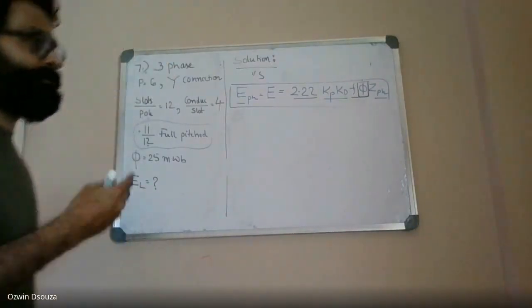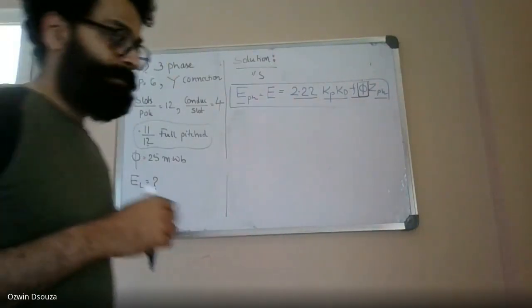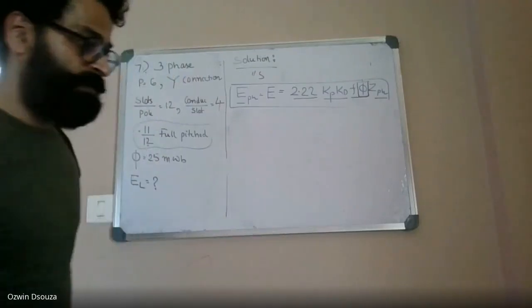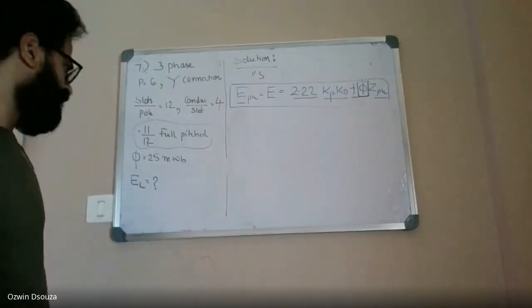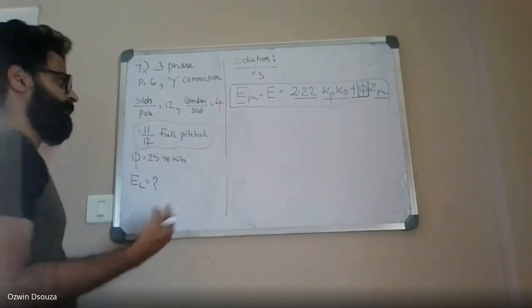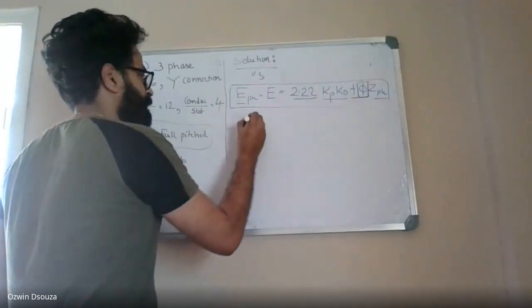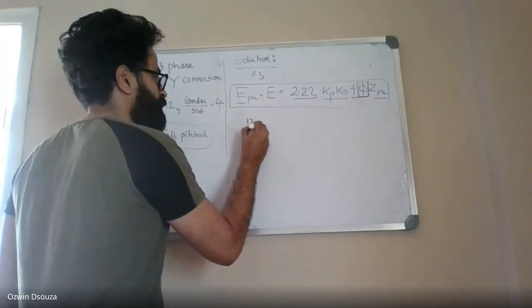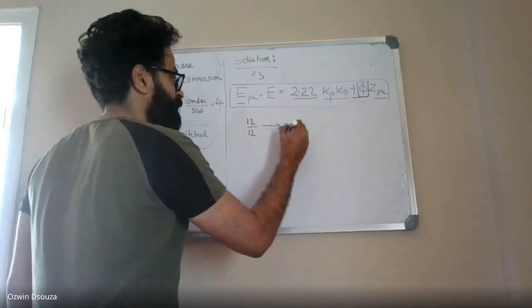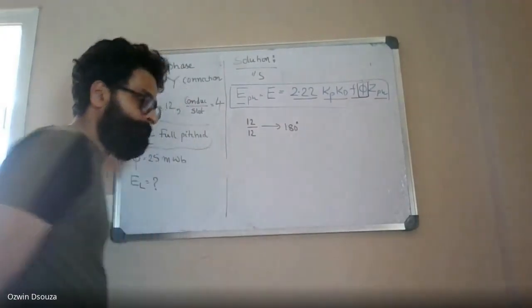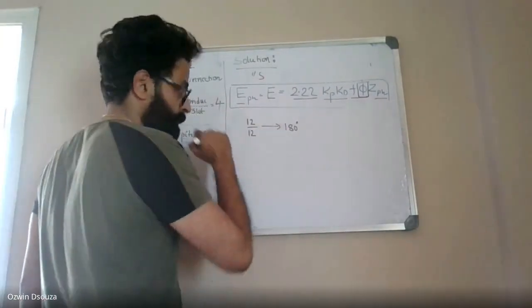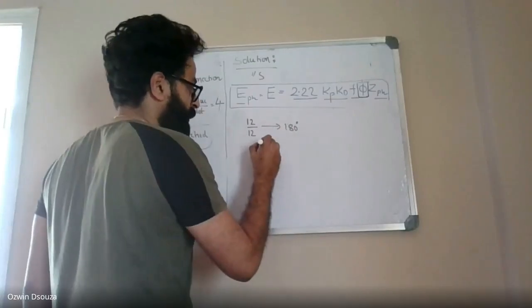If you were to have a ratio of 12 by 12, then you would have had a displacement angle of 180 degree, right? 12 by 12 corresponds to 180 degree, all right? So if this is 180 degree, what happens?